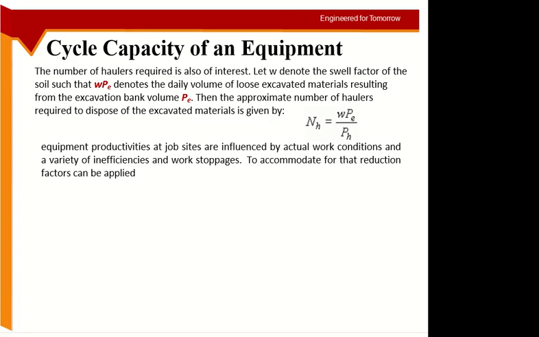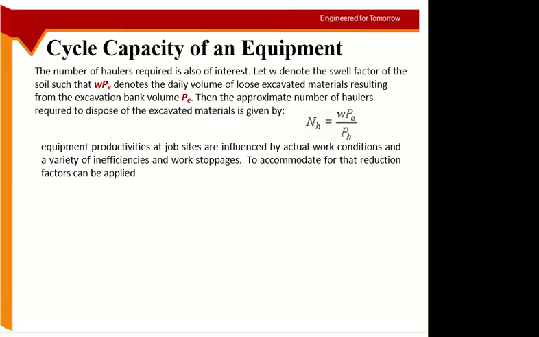Now we know that when you excavate the material for the hauler, it is compacted material. The earth is naturally compacted, people are moving over it and so on. But when you fill it, it becomes loose material. So if I excavate 2 cubic meters of material into the truck, it will take more than 2 cubic meters because it is not compacted in the truck or the hauler, whatever you call it.